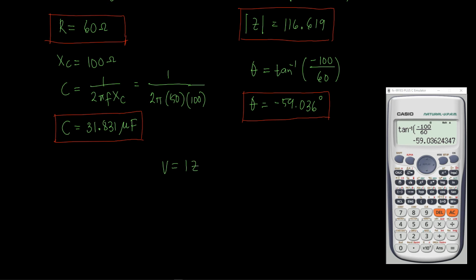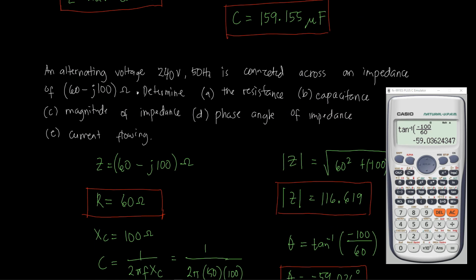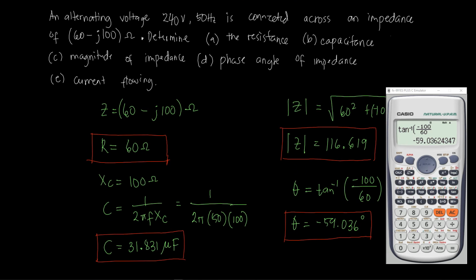Then we have current I is equal to V over Z. What is V? V is given as 240 volts.